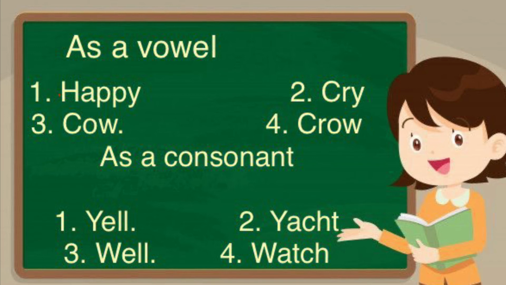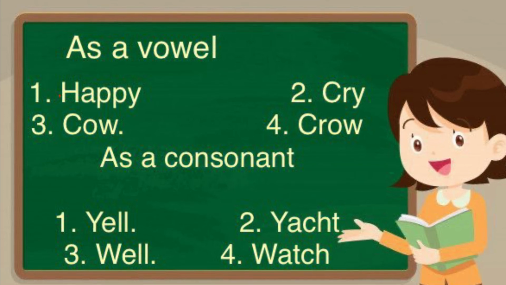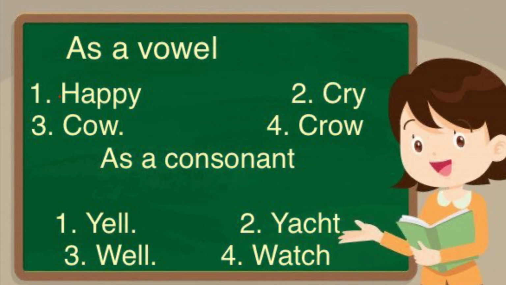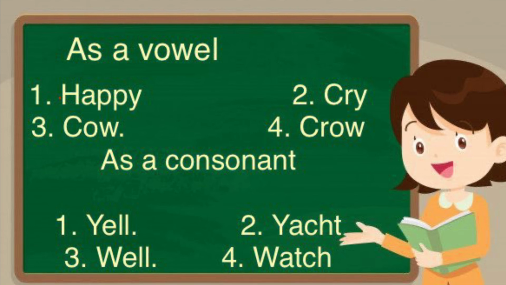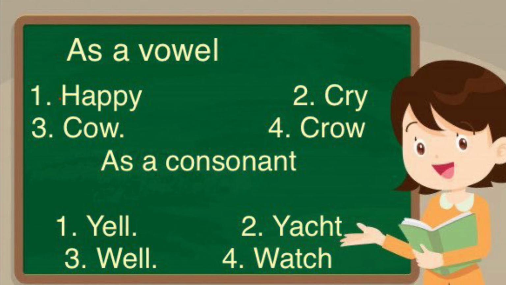Here they are not giving the sound of a vowel, they are giving the sound of a consonant. So when they give the vowel sound, they are considered vowels, and when they give the sound of a consonant, they are considered consonants. So they work as both. That's why they are called semi vowels.